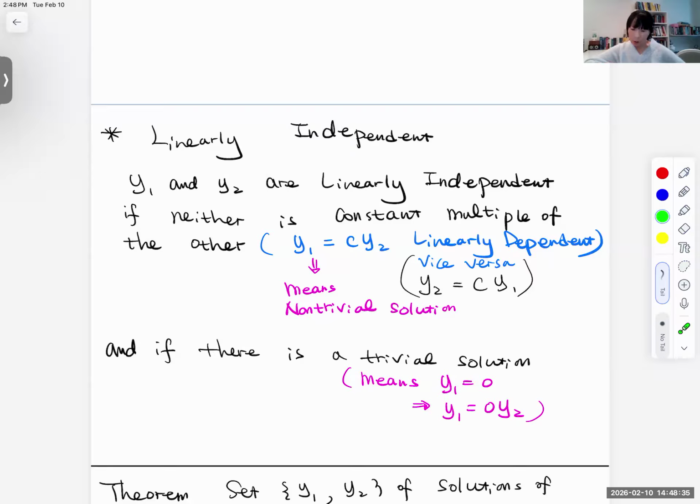So we can express one as a constant multiple of the other: y sub 1 equals c times y sub 2, so we call this linearly dependent, or we can express y sub 2 equals c times y sub 1, right?